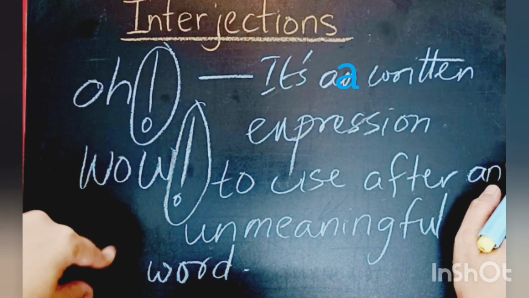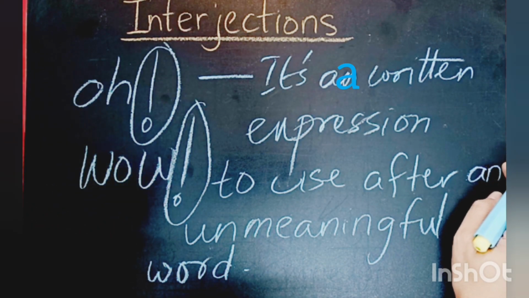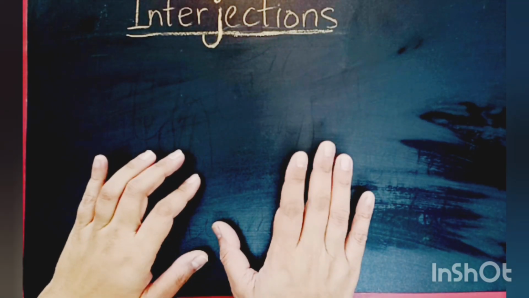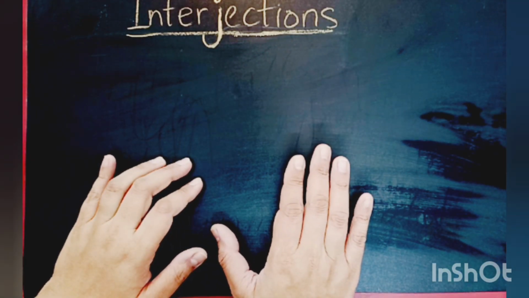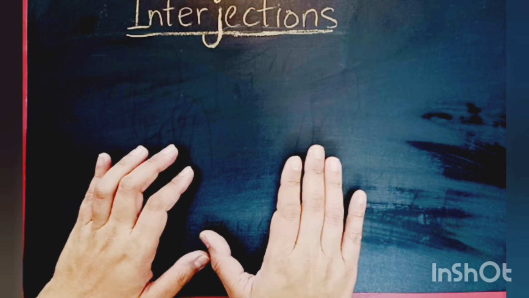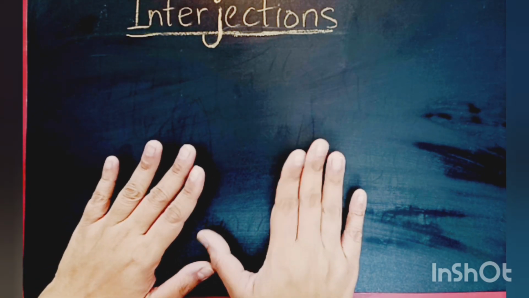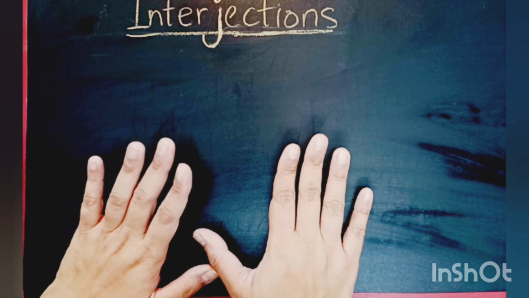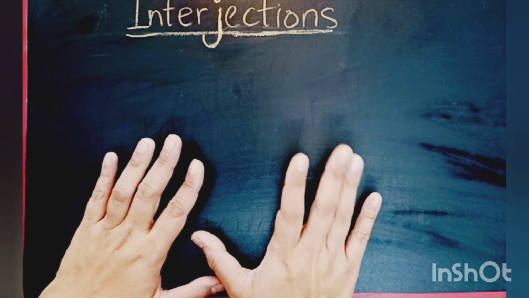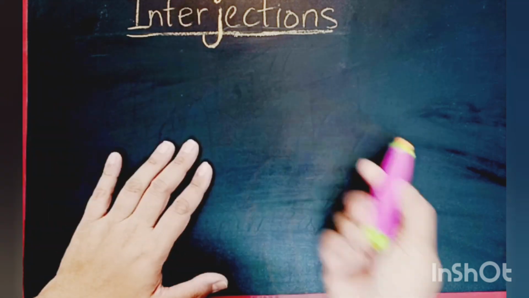We have used the exclamation mark with O and wow. There are many words used as interjections when we talk to someone, or in written form when we write speeches. So we use interjections.